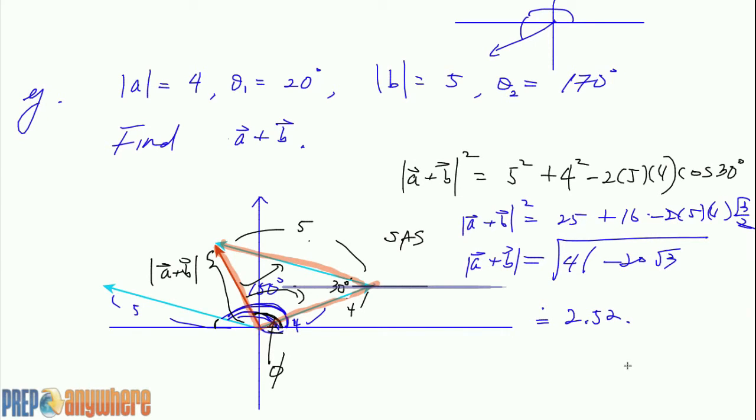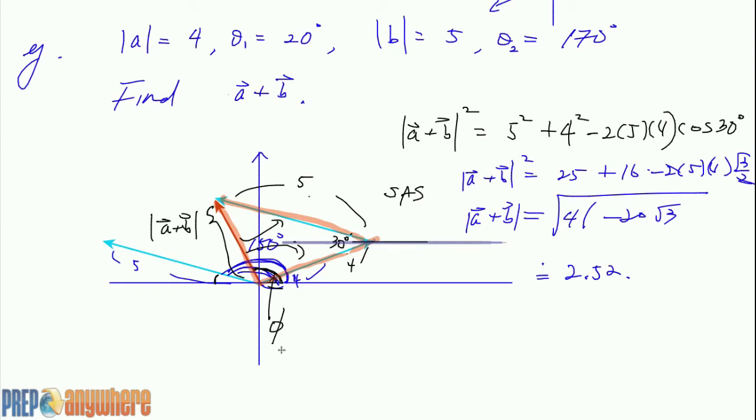Now, how am I going to find this angle phi? We can use the sine law. We can't find the angle phi directly, so here's how we're going to do it. We're going to find this angle first, let's call that alpha, which is between the two vectors, A plus B and A. By sine law, sine of alpha over 5, the opposite side, equals sine of 30 over 2.52, since the opposite of 2.52 is the angle 30.